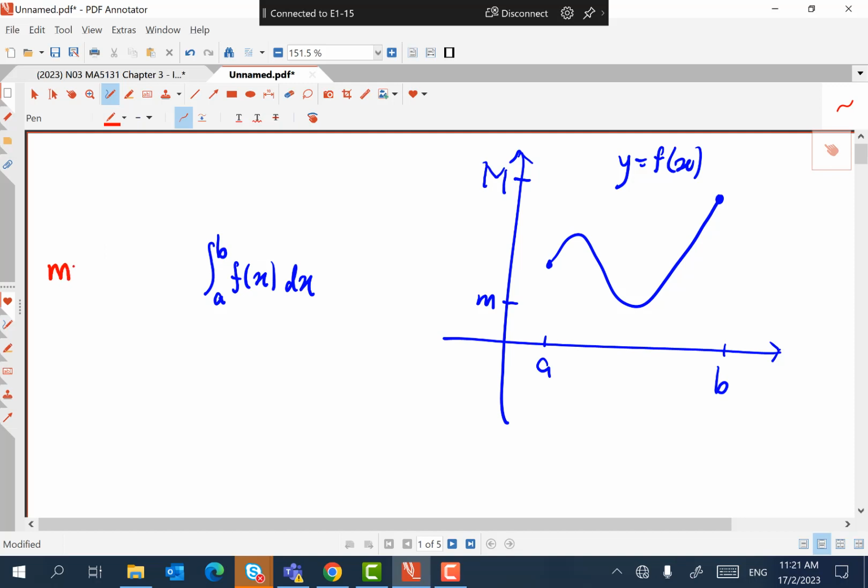Can you see a rectangle in this diagram on the right? Do you see the red rectangle? No, because you haven't drawn it.